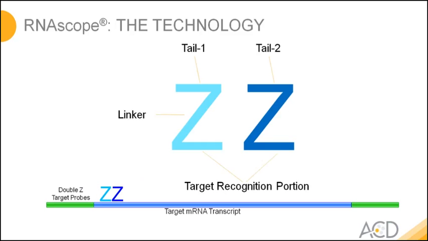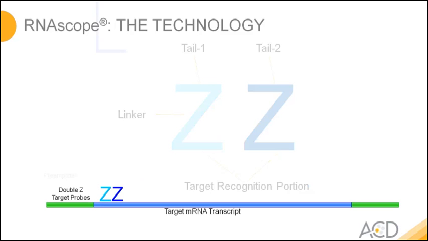It depends a bit on the GC content. Then you have a linker, and you have a tail, which is tail 1 on the left oligo and tail 2 on the right oligo. Each tail is 14 bases, and together they are used to bind a molecule that we call preamplifier.